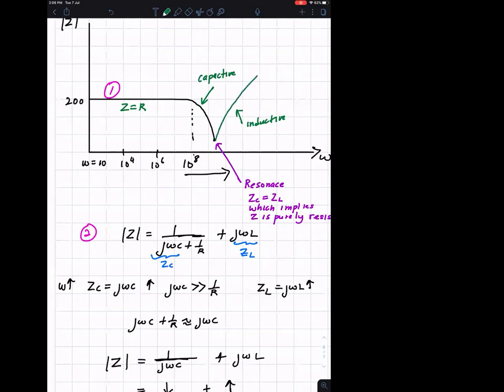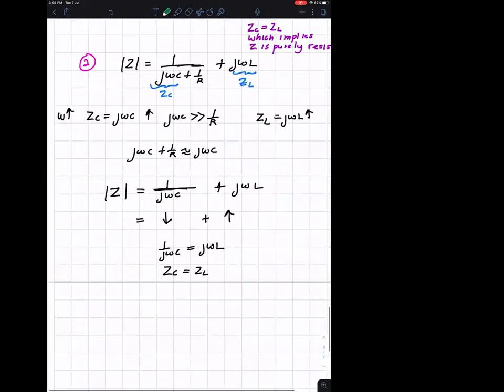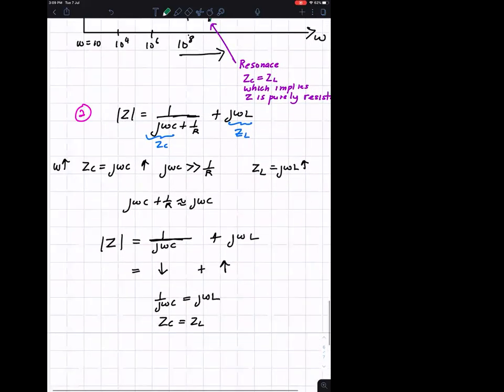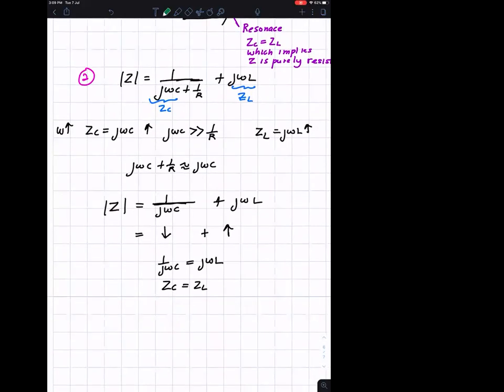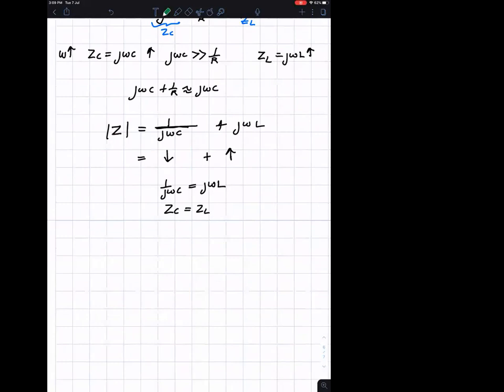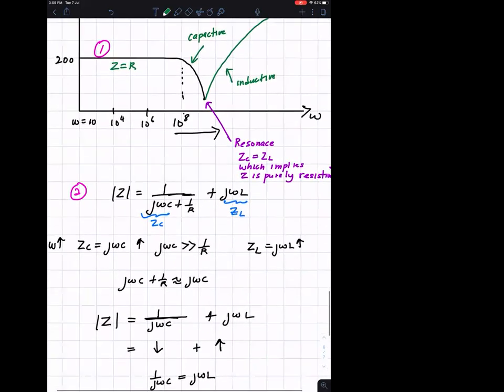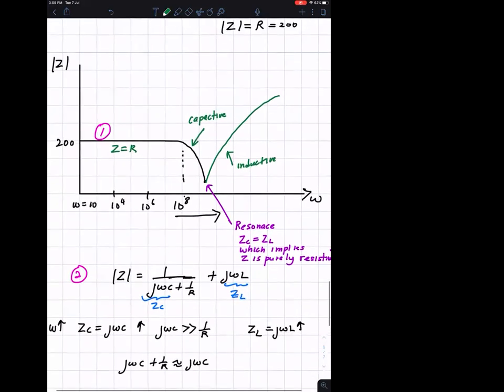After that, it will keep on going. That depends on the value of the inductance and the capacitance. We'll come to a point that the inductance becomes much bigger than 1 over j omega C. So this is point 3 and this is 2.